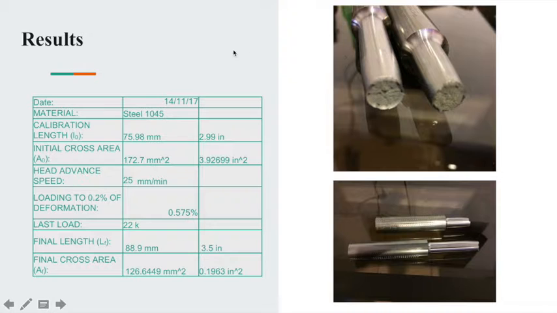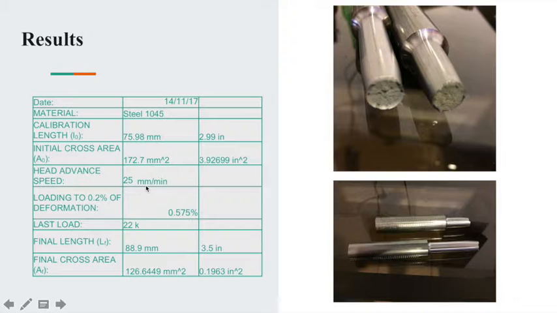Okay, so the results, as you can see in the pictures, it was a ductile fracture. The material was 1045. The calibration length was 75.98 millimeters, 2.99 inches. The initial cross area was 172.7 square millimeters and 3.92699 square inches.